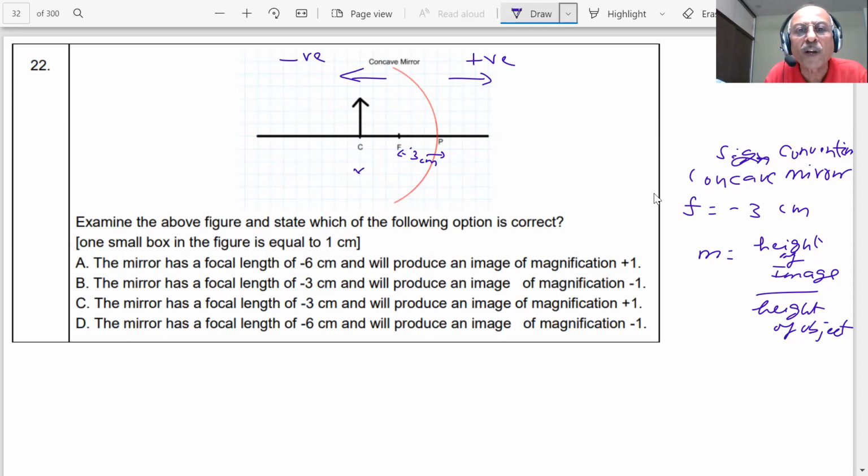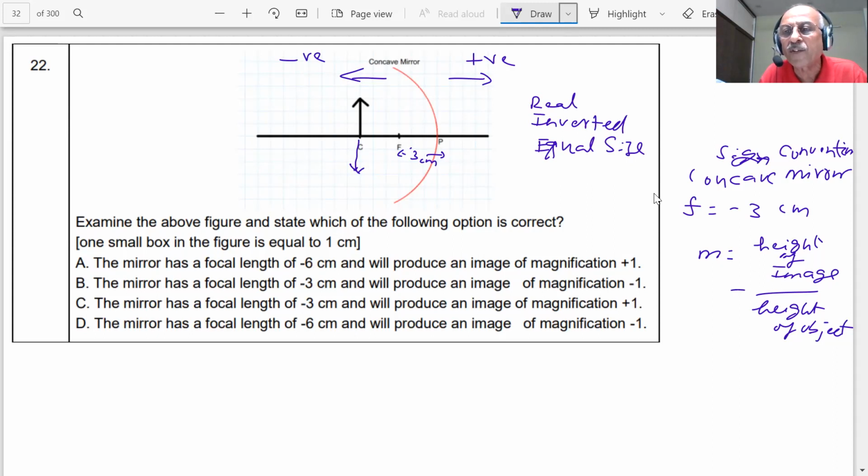You are going to form an image which will be real, inverted, and equal size. The size of the image is equal, but the image is inverted. The image is below the principal axis, student.